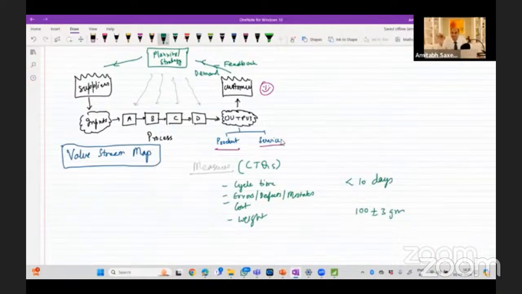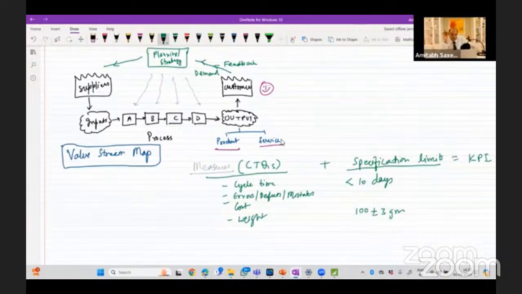Number of mistakes should be less than 10 per week. Now, these are all specification limits. So CTQs combined with specification limits has got a name, which is known as KPI, Key Performance Index or Performance Index.